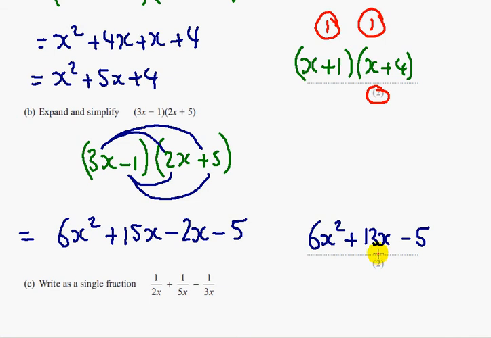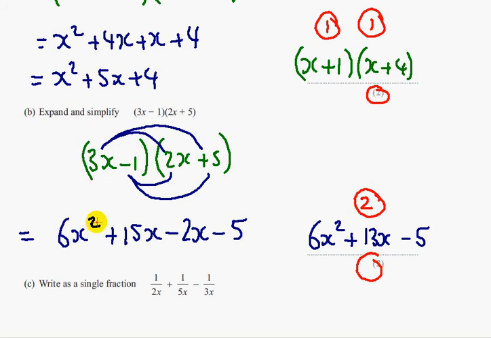So part B is worth 2 marks. And you get 2 marks for the fully correct answer. You get 1 mark for 3 out of not more than 4 terms including signs, or 4 terms correct ignoring the positive and negatives. So let me say that again.